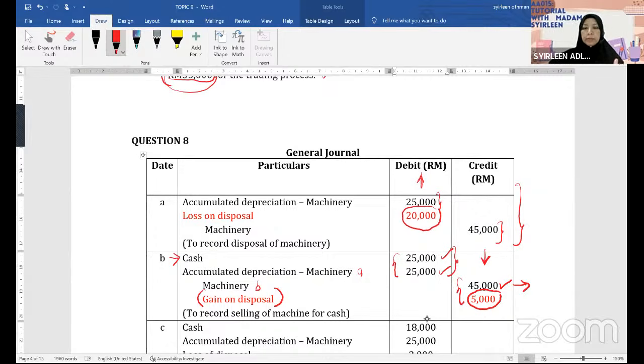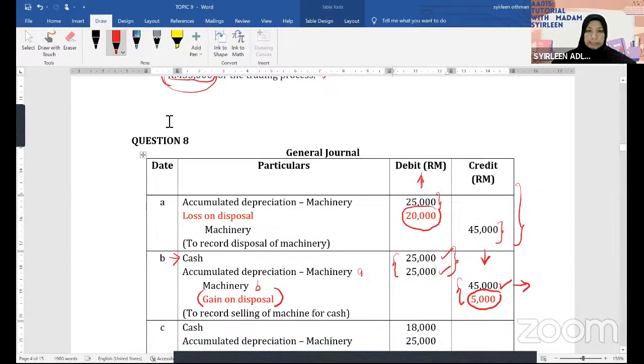So automatically, your journal dah balance. So untuk B, once you sell the asset with the amount of 25,000, kita akan dapat gain on disposal. Amount is, sorry, 5,000.